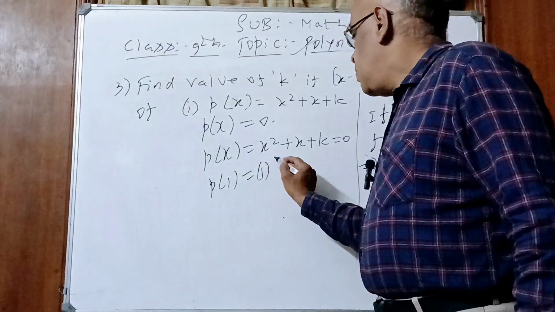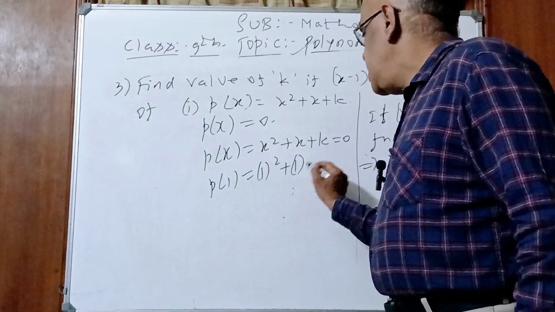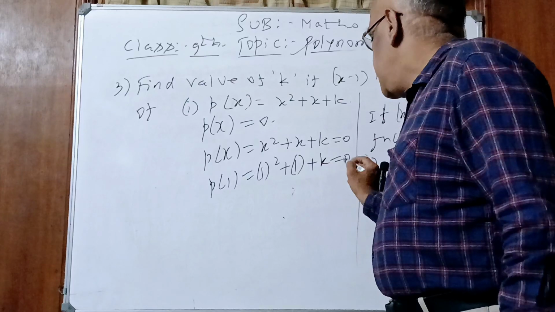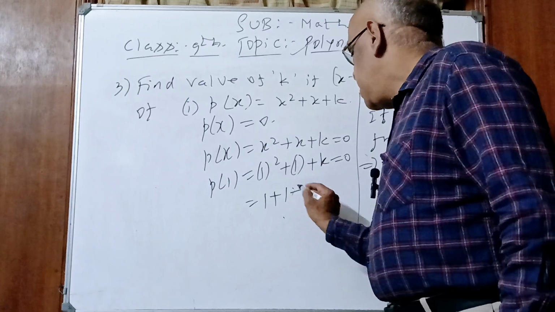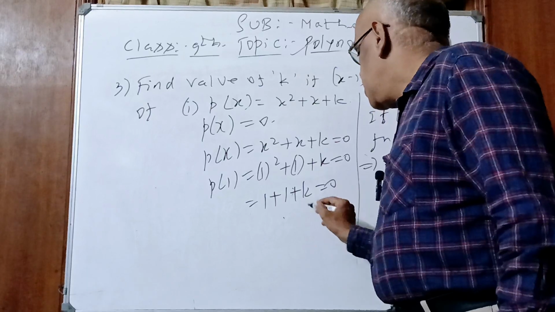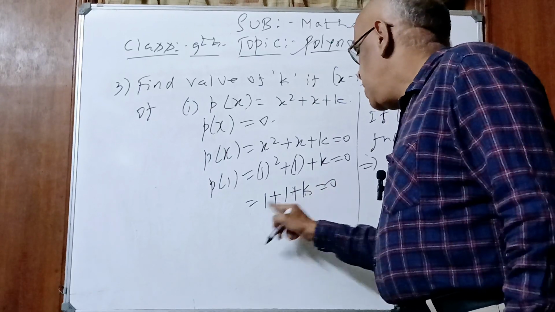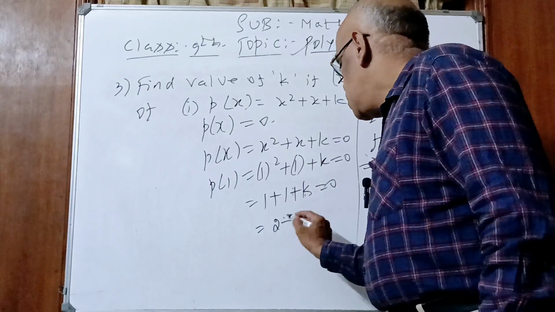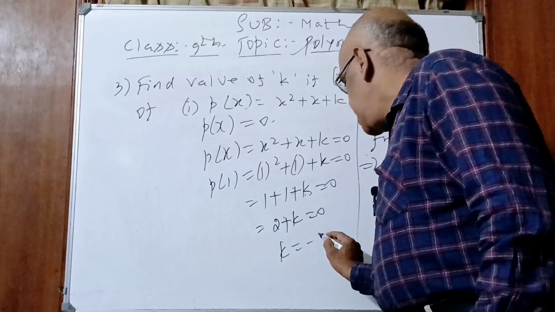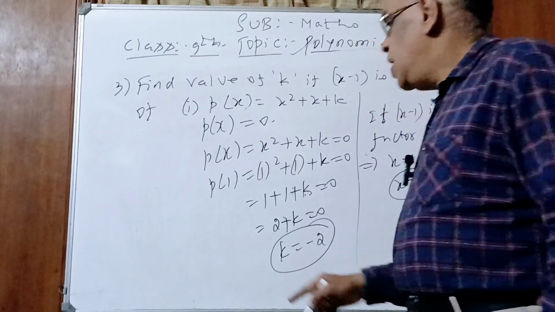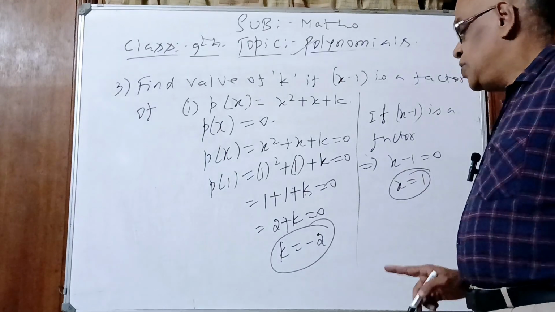What is that? 1 square plus 1 plus k should be equal to 0. Now 1 plus 1, 2. 2 plus k is equal to 0. k should be minus 2, so that P of 1 will be 0.